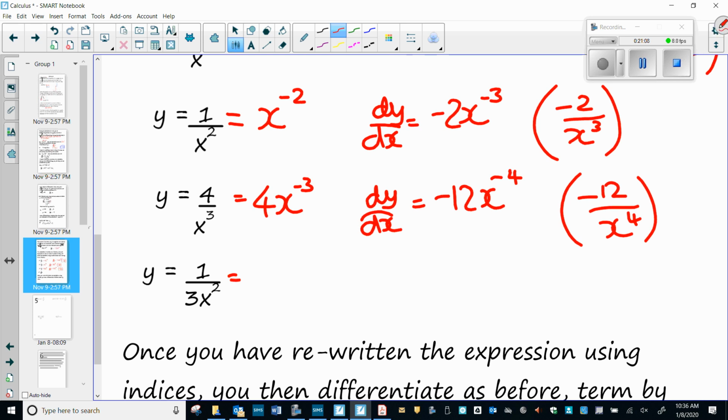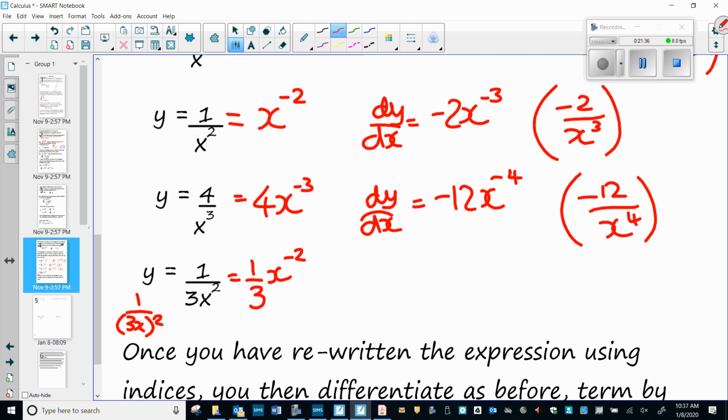So this would actually be 1/3 x to the negative 2. Why? Because the 3 has to stay where it is, it has to stay underneath of the fraction. If it had said this, that would be 3x to the negative 2.